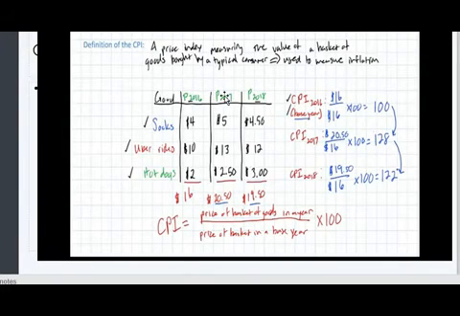Okay, these are the years that we will compute the consumer price index. On the other hand, we have 3 types of goods. We have socks, we have Uber rides, and we have hot dogs.